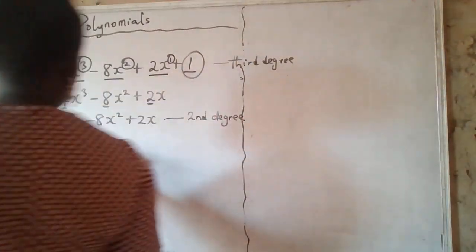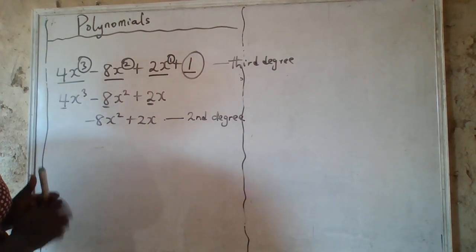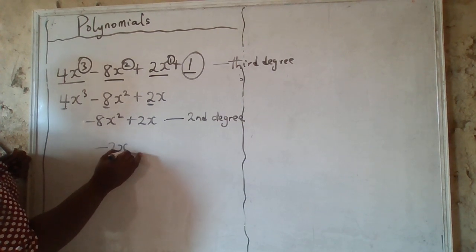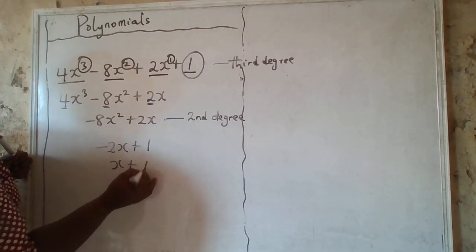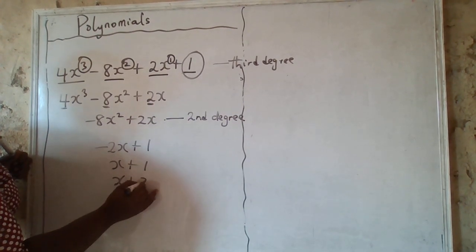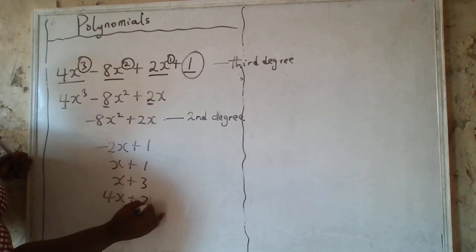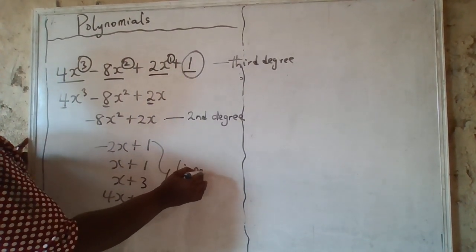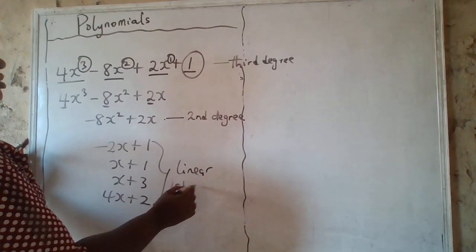So a linear function, since it is a polynomial of the first degree, can be minus 2x plus 1, x plus 1, x plus 3, or 4x plus 2. All these are linear, and they are first degree.